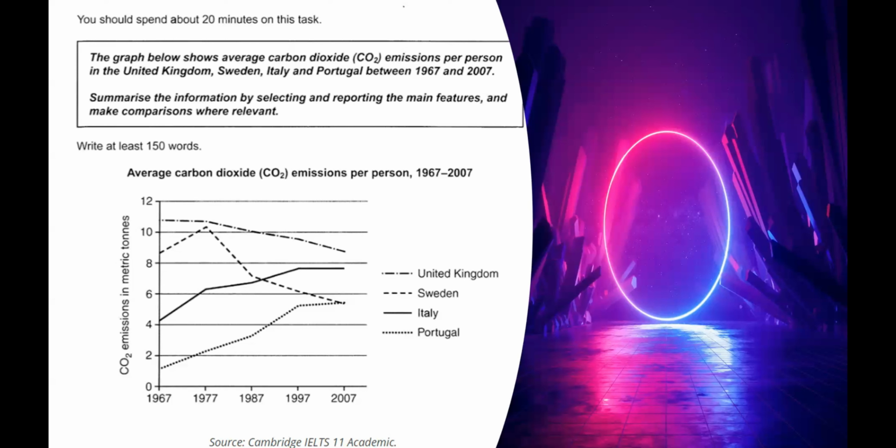What is the most important one is the second and the last sentence of the first paragraph. There are two sentences here. What is the most important one of this graph? What do you see? What is the most important? We should follow this line chart.